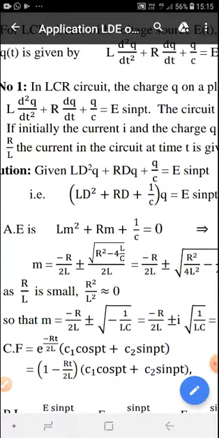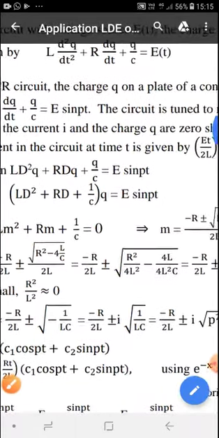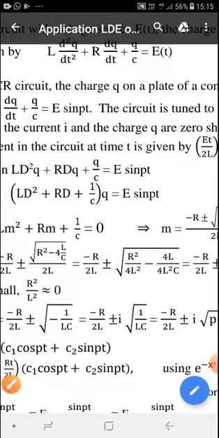So we get m as equal to minus R by 2L plus or minus root of R square minus 4L by C divided by 2L. In the second term, first term is minus R by 2L, but in the second term, if we take that 2L inside the square root sign, then it becomes 2 square L square, means 4L square.